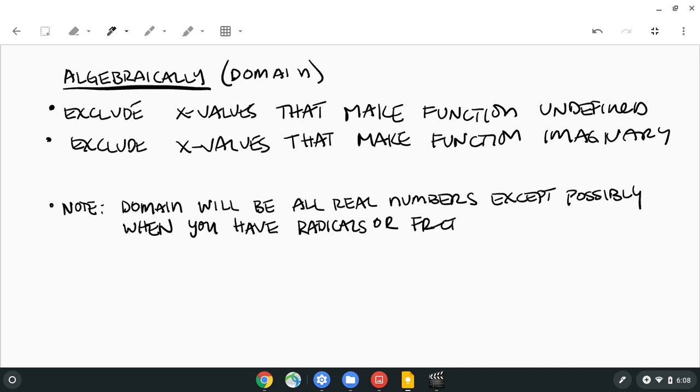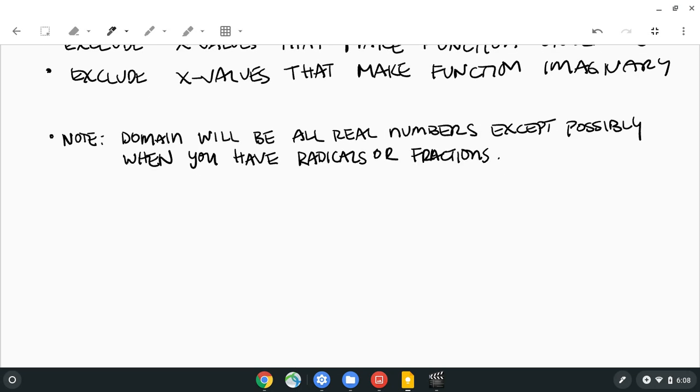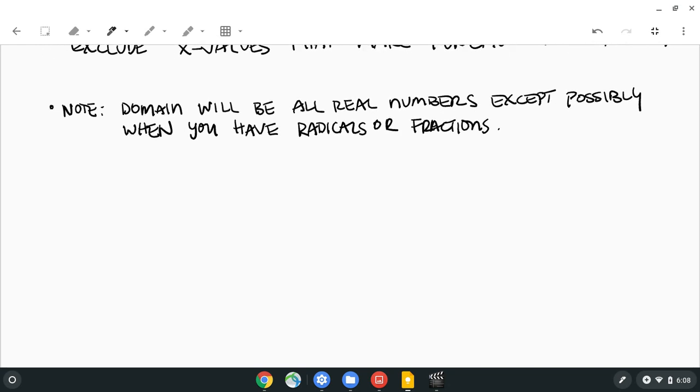That's where you have to be careful. So we'll look at several examples that have fractions and radicals, and then one example where you don't. All right, so here, let's go ahead and determine the domain algebraically.